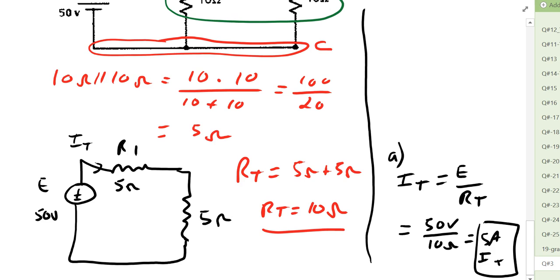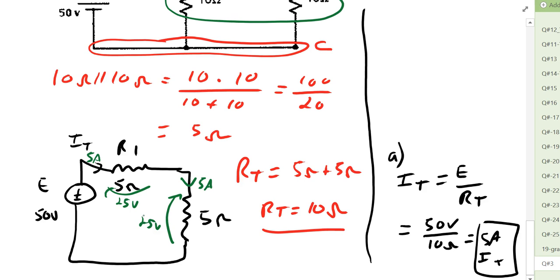Okay, so now we have a current of 5 amps that flows through these two resistors. Ohm's law will tell us that as 5 amps flows through this 5 ohm resistor, we get 25 volts across it. In addition to that, then KVL, or Ohm's law, tells us 25 volts here.